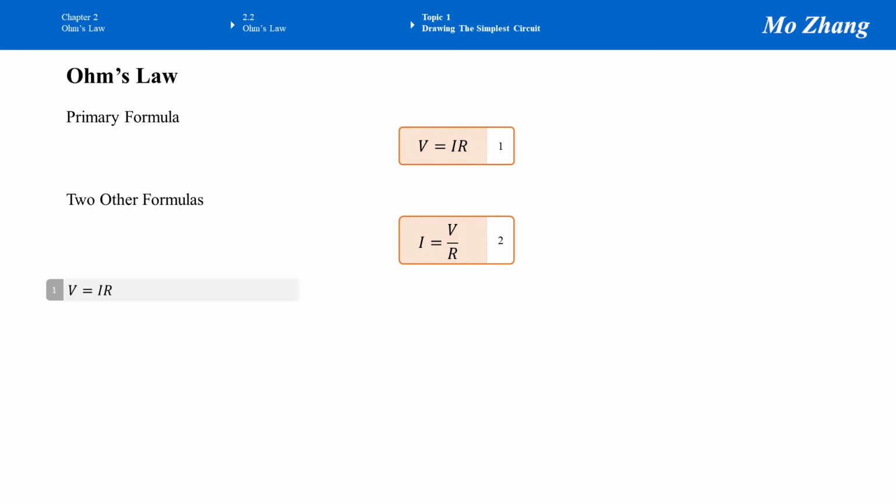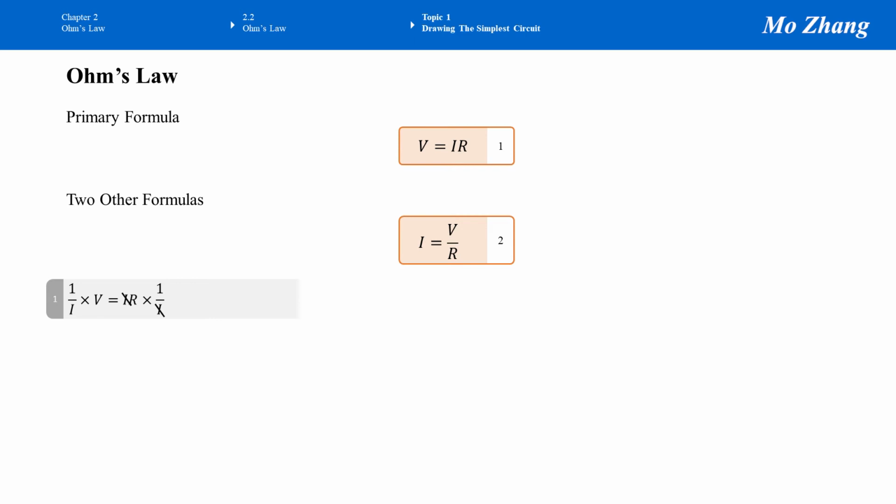Let's put this formula up here, and we're going to get the third formula. Let's write down Ohm's law's primary formula again. V equals I times R. This time, we're going to divide both sides of the equation by I. On the right-hand side, the I and the denominator I cancel out, so only R is left.